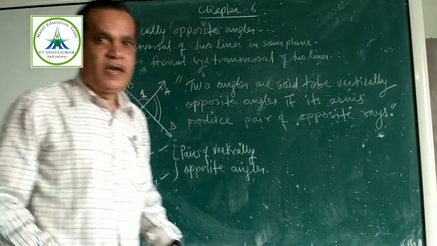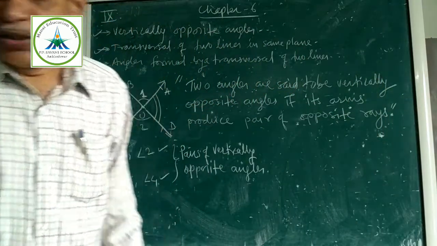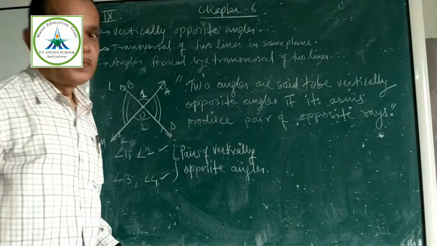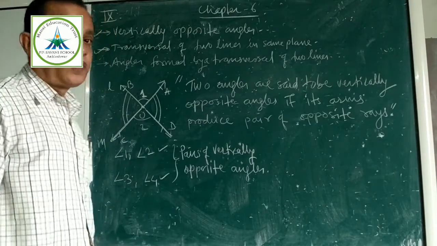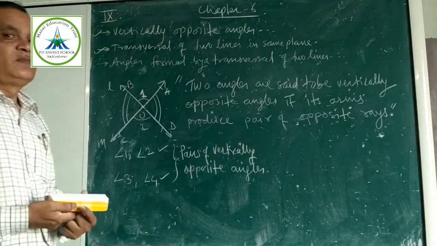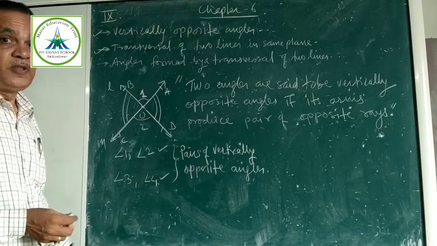Got it? Okay. Now remember this reason. If you are asked to write pairs of vertically opposite angles, you can write them very easily without any problem.